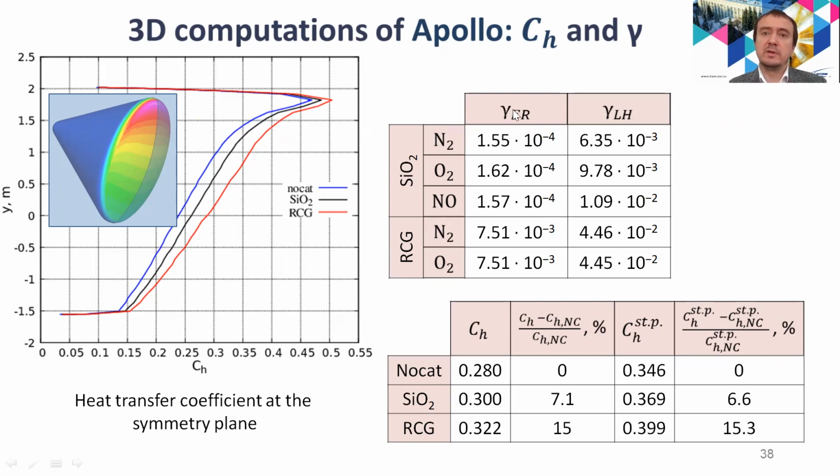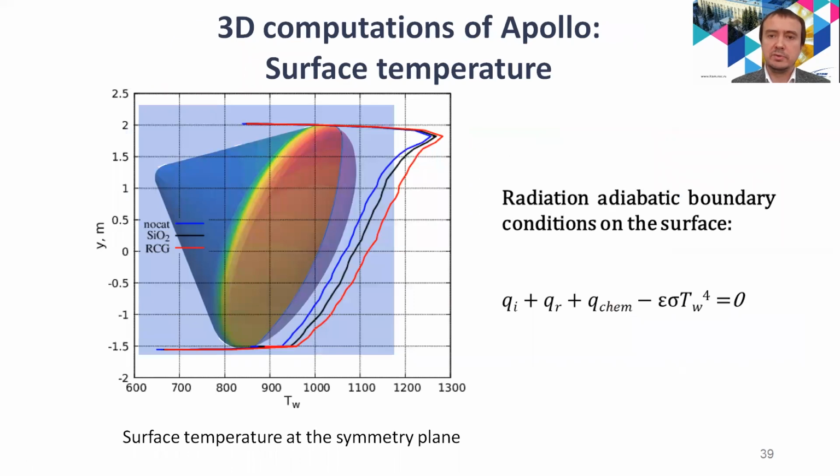If we take a look at the total recombination rate, which we calculated directly from these simulations, we see that Langmuir-Hinshelwood recombination dominates at such flow parameters, and the total effect, in the stagnation point, of the surface chemistry is between 7% and 15%. We can expect high effect at lower altitudes.